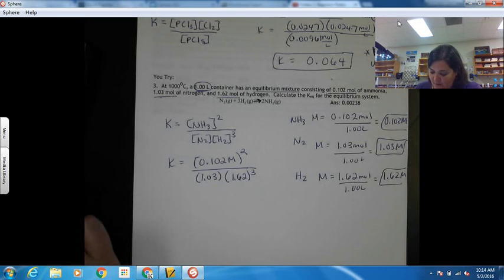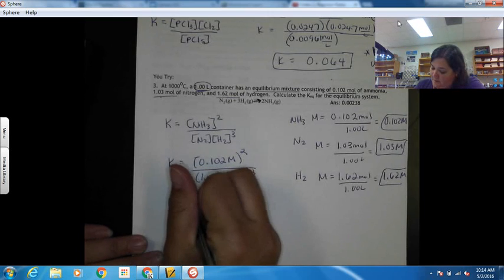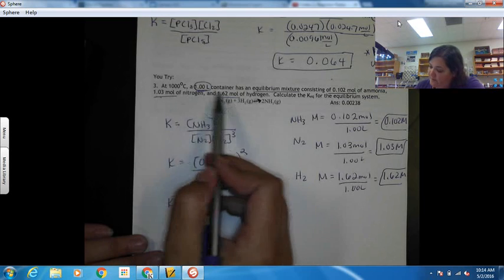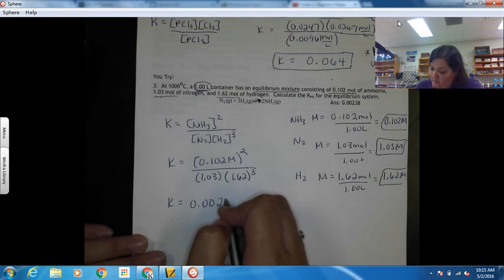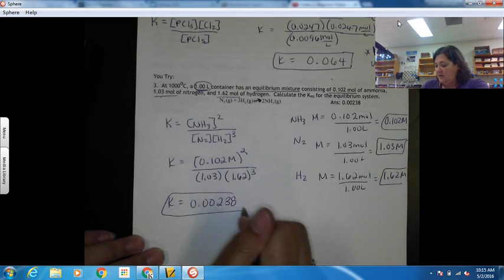Then you would do 1.03 and then times 1.62, and then caret 3 to raise it to the third power, then close your parentheses. And you would get, for K, 0.00238. And we have 3 significant figures, so we keep 3 significant figures, so 0.00238 is our equilibrium constant.